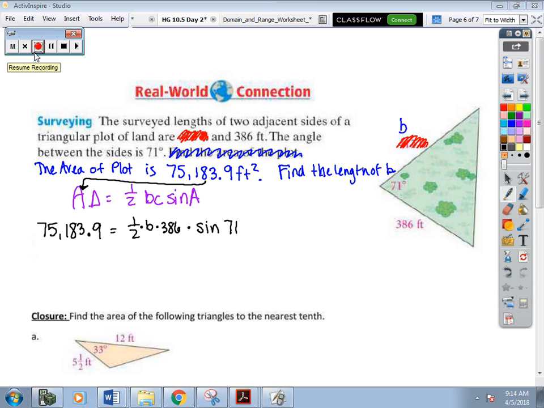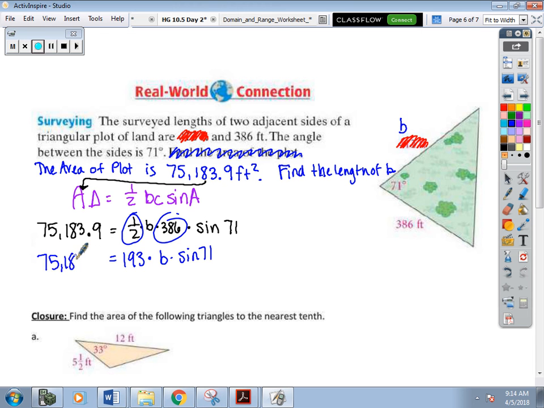Algebraically, you have options, but remember that multiplication is commutative, so you can change the order in which you multiply. So I would probably just go ahead and take half of 386, which got me 193, times B times sine 71. And now we see all multiplication. The inverse of multiplying is dividing.